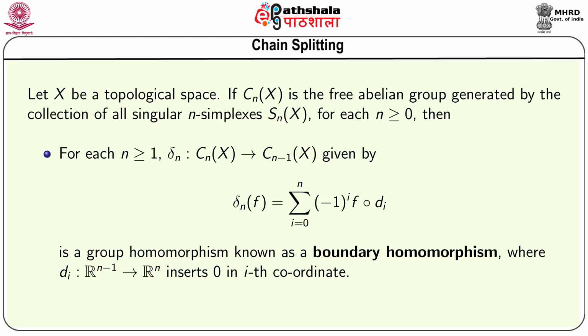Here d_i is a map which inserts 0 after the (i-1)th coordinate of any (n-1)-tuple.